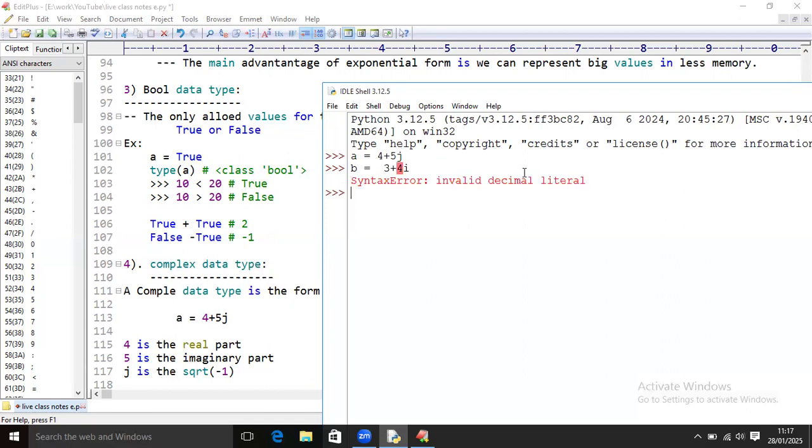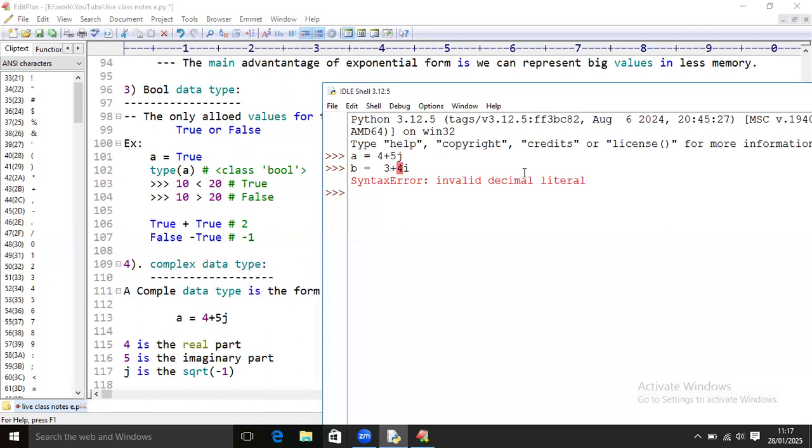It will throw an error, because in a complex data type it will accept only the alphabet j. If you give any other alphabet, it won't accept.